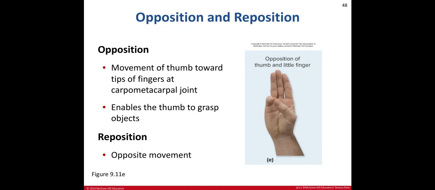So the ability for you to grasp objects is because of opposition. And then reposition is the opposite movement of bringing your thumb back out to make your hand flat. But you can grasp things because of opposition and reposition.